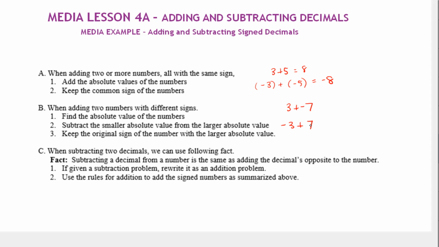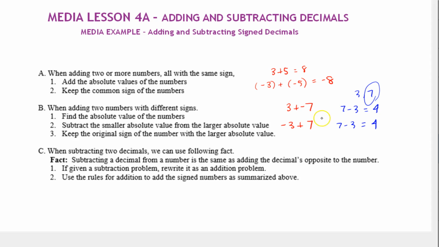Well, the absolute values for both of these are 3 and 7, and 7 is larger. So in both of these cases, we want to find 7 minus 3, which is 4. And that's a subtraction we'll do for each problem.